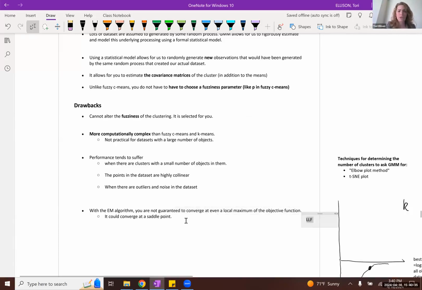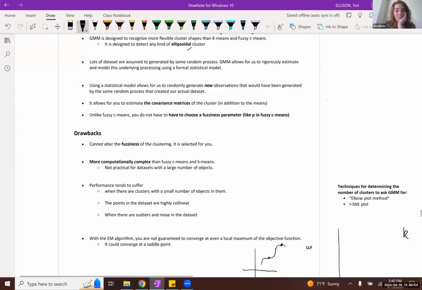So for instance, it could unfortunately converge at a saddle point solution like that, as opposed to a local maximum, which is what we're attempting to achieve. So something to keep in mind.